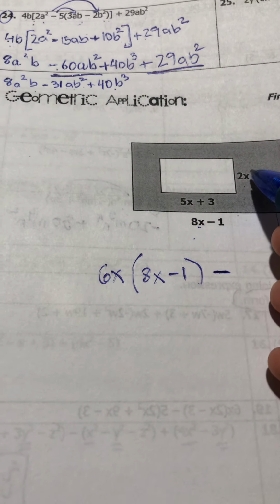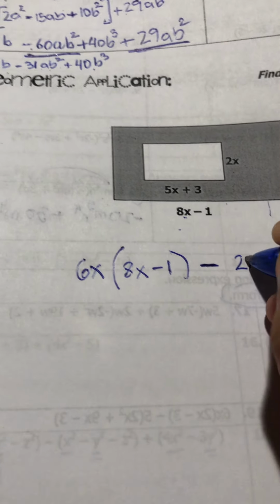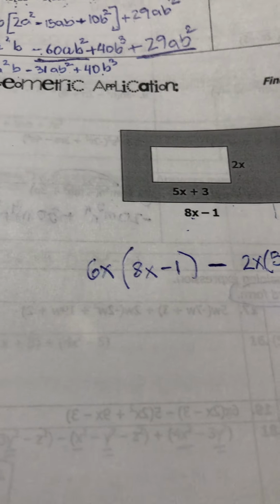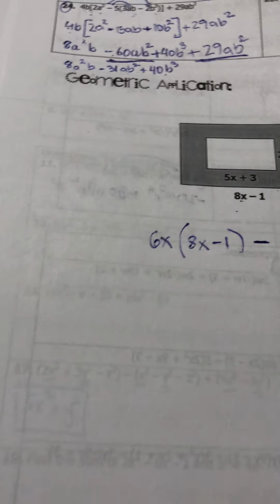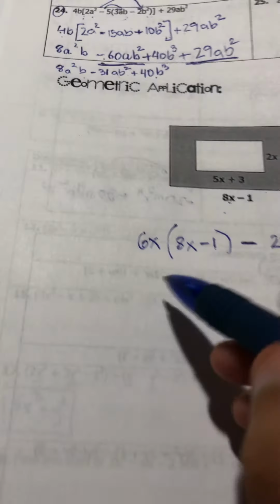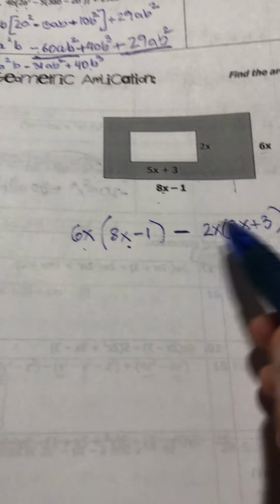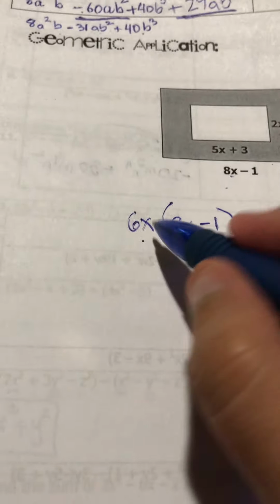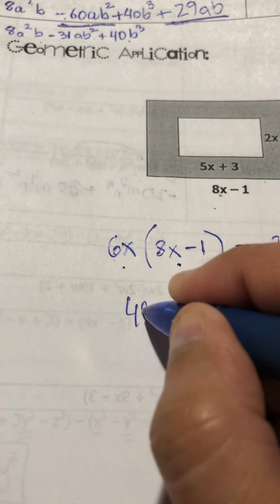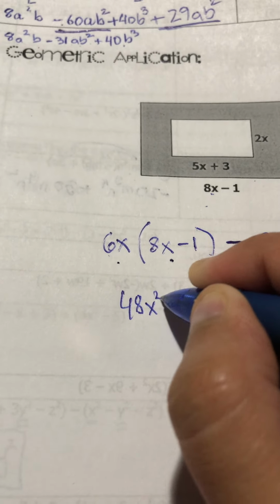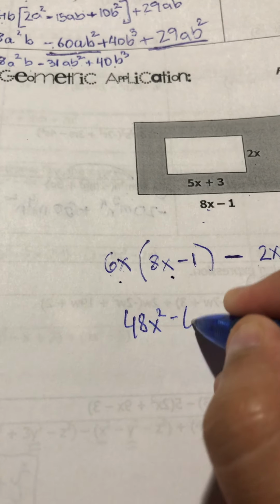So it is length times width, 2x times 5x plus 3. Okay, so first multiply them, distribute them, and then simplify them. So it would be 6 times 8 is 48x squared minus 6x.